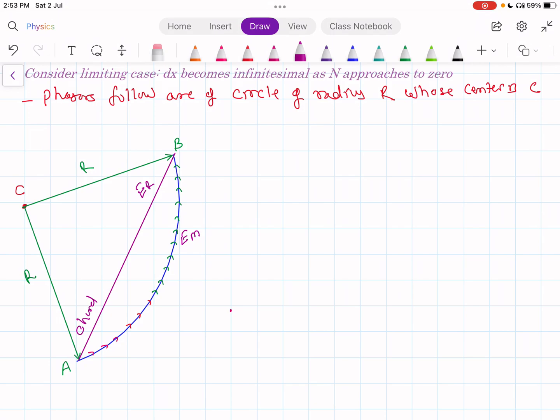Then I am drawing the line, let's say CM. This is the line CM, which I am extending further.